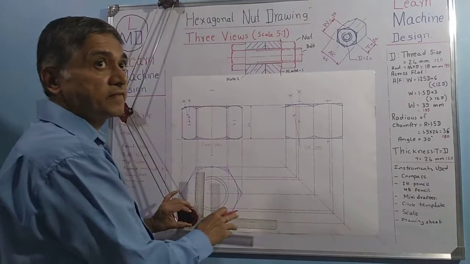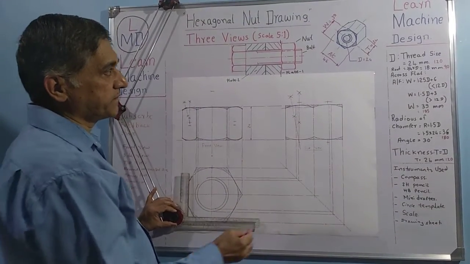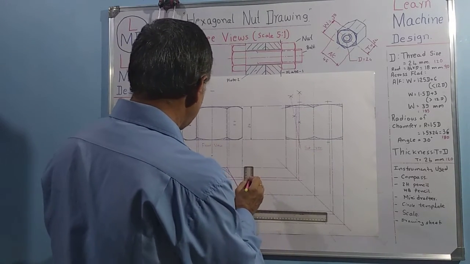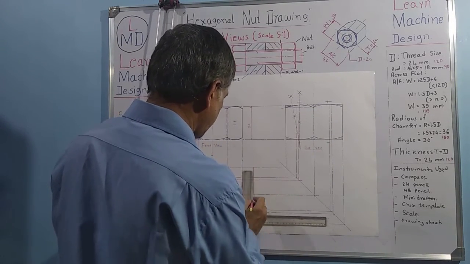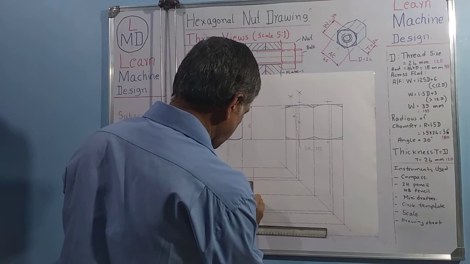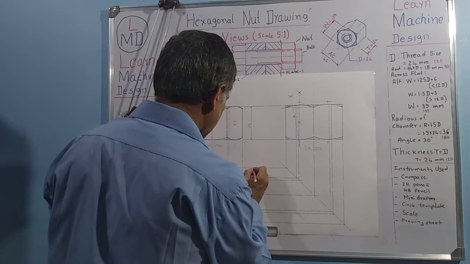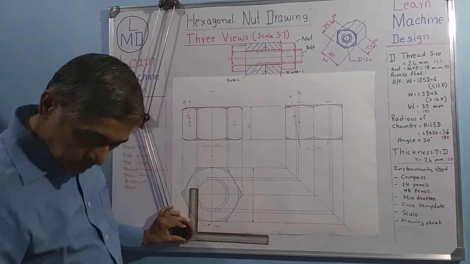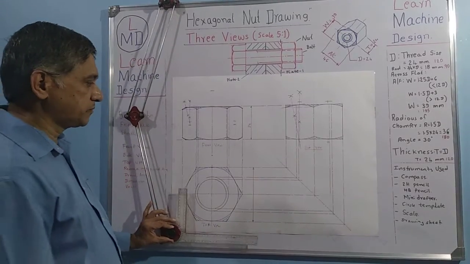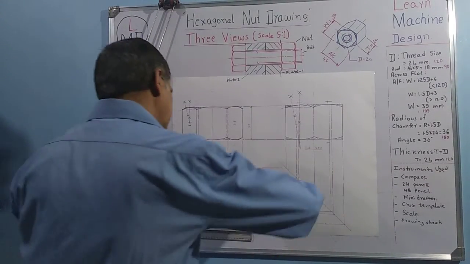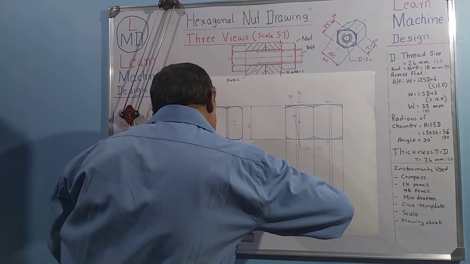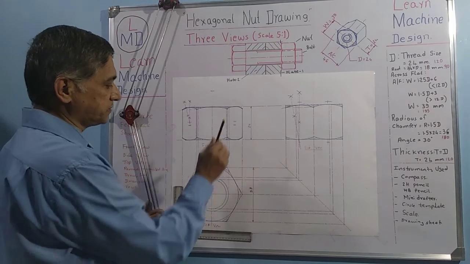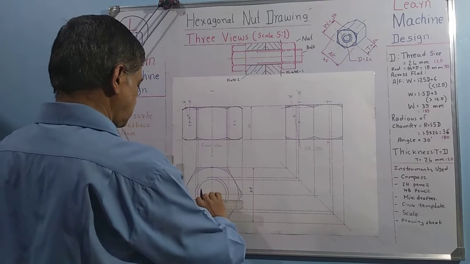Across the flight dimension is 39. You have to write it here 39. See here 39. This is 24 and nut size.